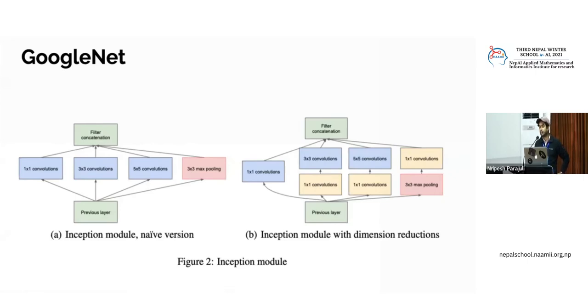Let's say the previous layer had 256 channels, 256 features, and we're saying, oh, 5x5 on 256 features is too much. Maybe we do 5x5 only on 64 features. So what would you do here?